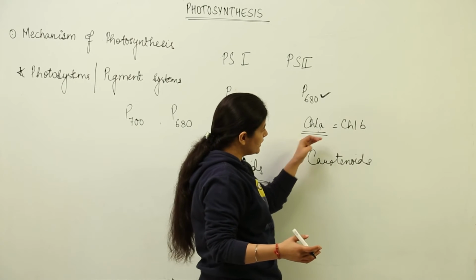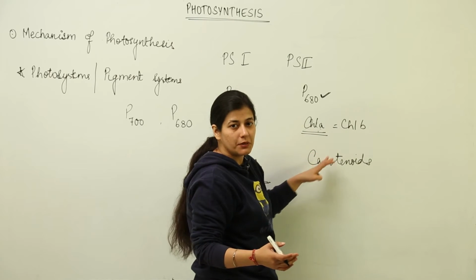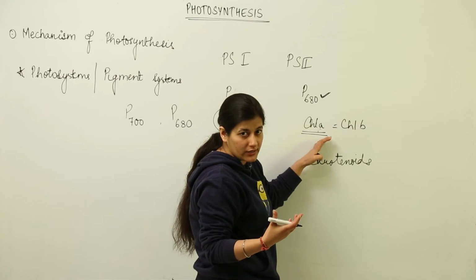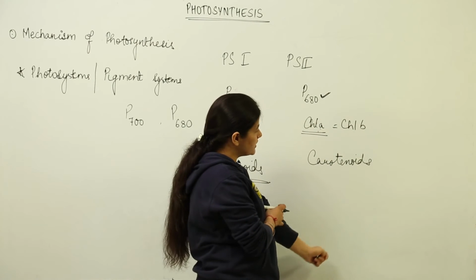So we can say that over here we have accessory pigments which are almost equivalent in number to the main pigment, the pigment center that we had discussed.